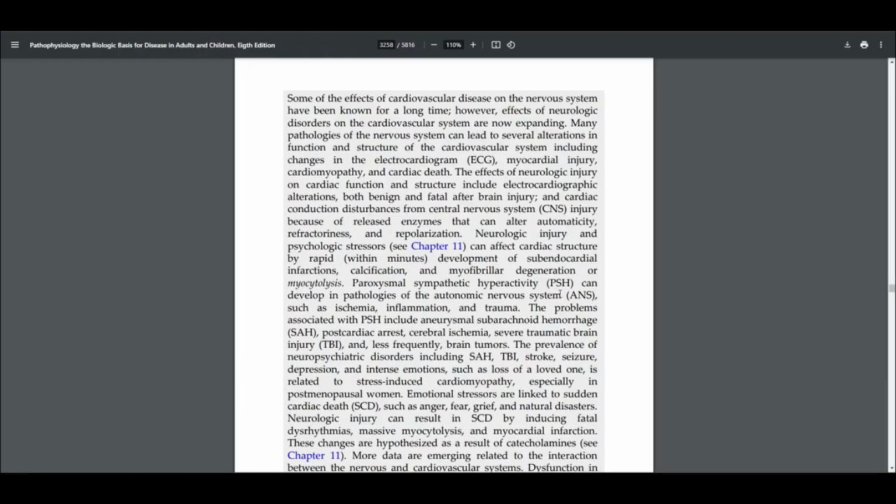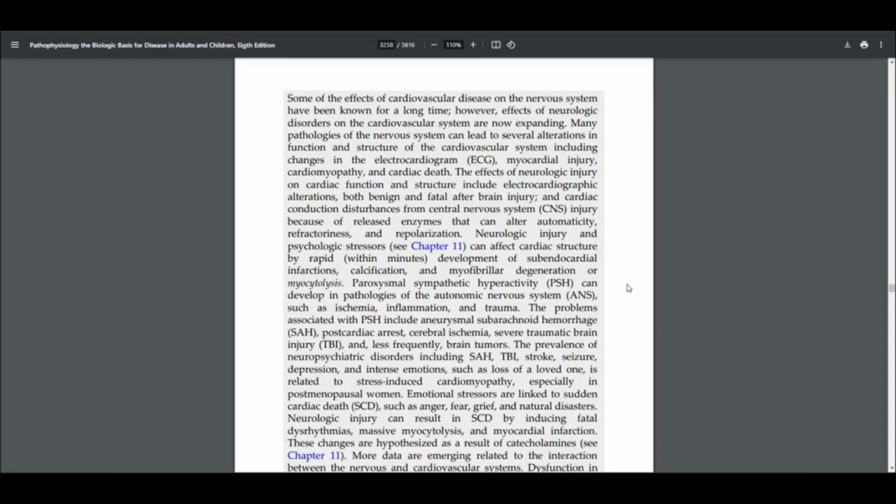The effects of neurologic injury on cardiac function and structure include electrocardiographic alterations, both benign and fatal after brain injury, and cardiac conduction disturbances from central nervous system or CNS injury because released enzymes can alter automaticity, refractoriness, and repolarization.